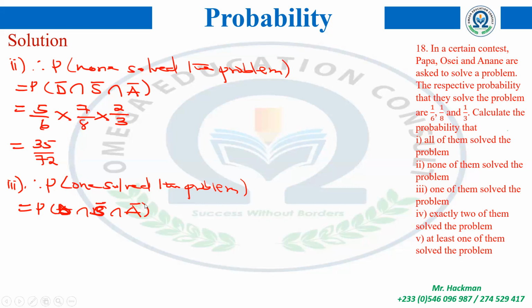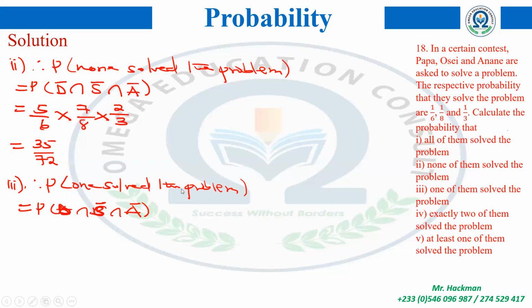Should I come again, or is my point well made? Please come again. Remember what I said before coming to this. One possibility is that we said only one solves the problem.